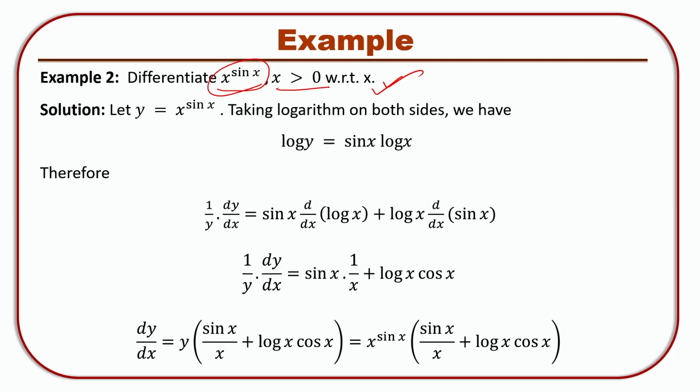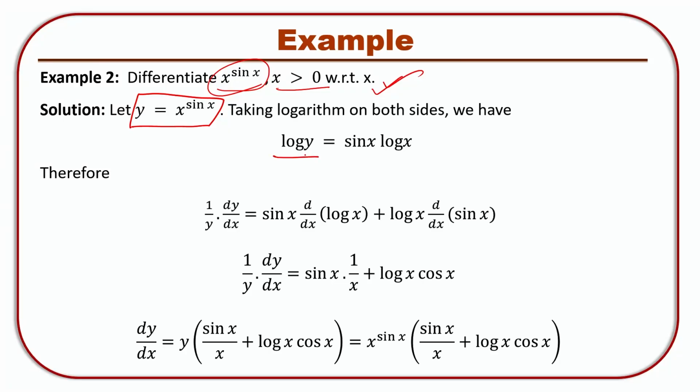So let y equal x power sine of x, right? Since it is in the power, I have to take the logarithm of both sides. Once we take the logarithm, sine x will come out as a scalar quantity. So log of y can be written as log of x power sine of x.